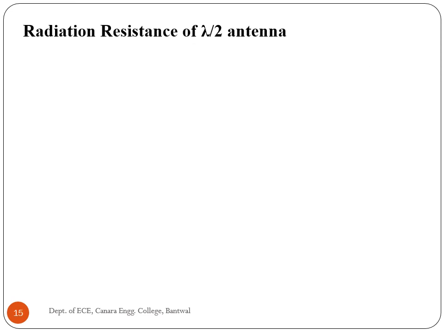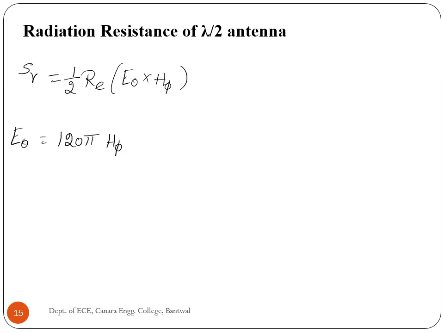Radiation resistance of lambda by 2 antenna. The far field components are E theta and H phi, so that the radial component of the Poynting vector is S R equal to half of the real value of E theta and H phi. We know that E theta is equal to 120 pi into H phi.